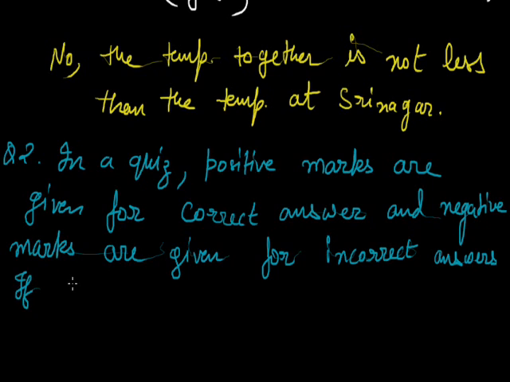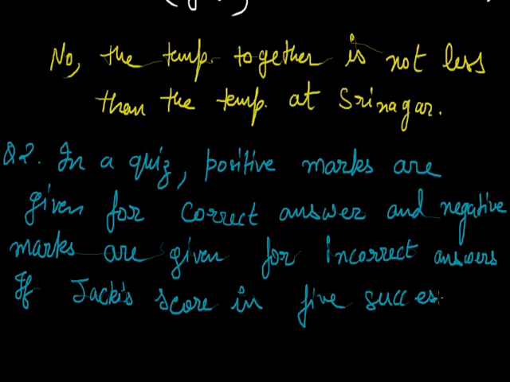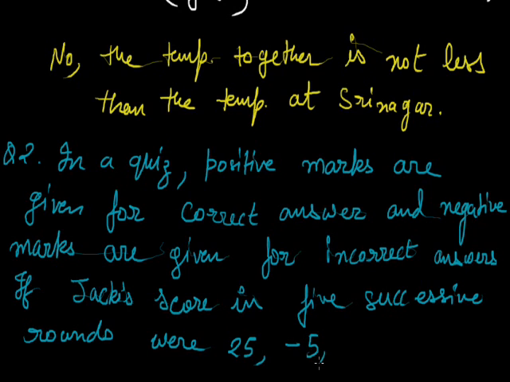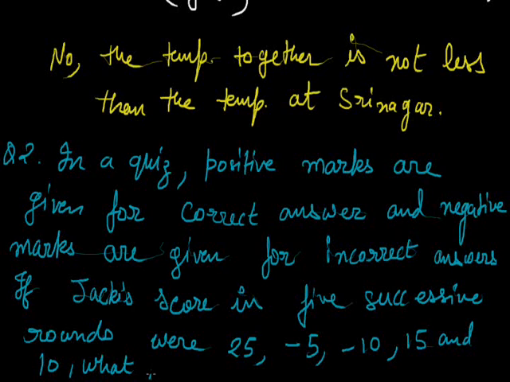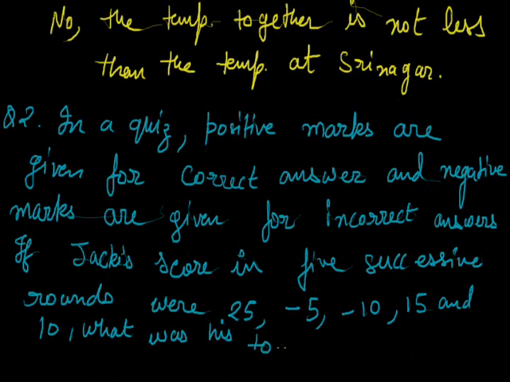If Jack's score in 5 successive rounds are 25, -5, -10, 15 and 10, what was his total at the end?